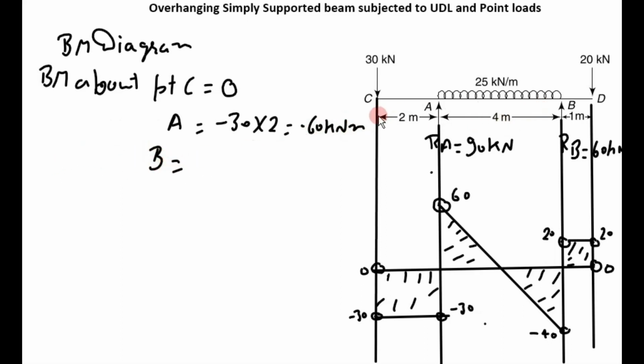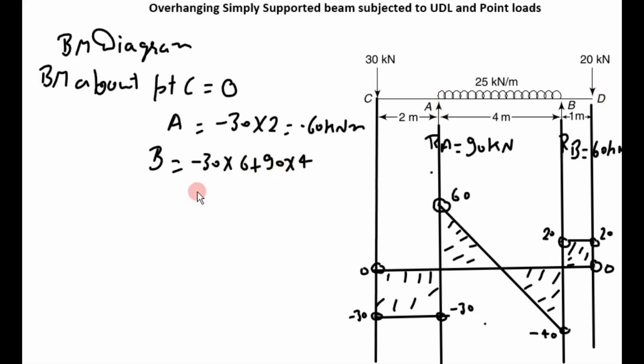Next point is point B. On the left side of point B, 30 kilonewton is there, then RA is there, and UDL is there. So three moments we have to calculate. First is 30 kilonewton at a distance of 6 meter from point B, so minus 30 into 6. The next is RA. RA is 90, at a distance of 4 meter, and it tends to rotate the beam in clockwise direction.